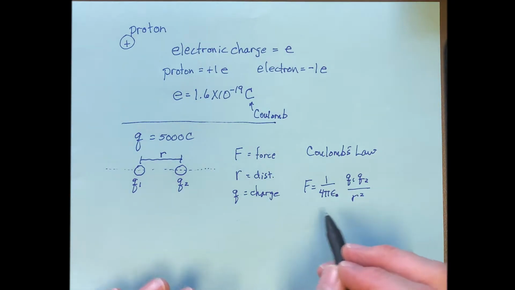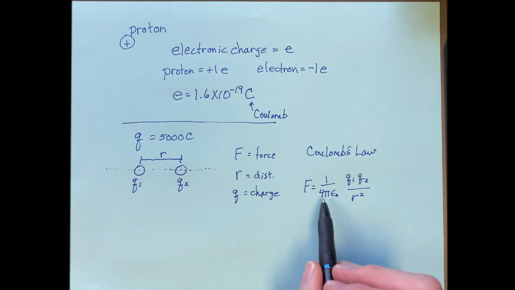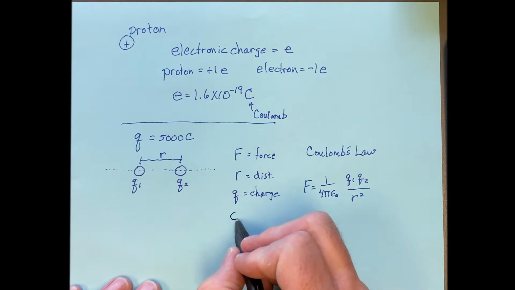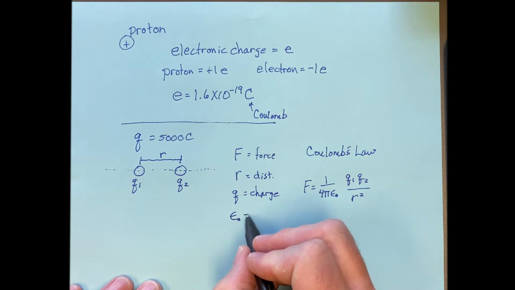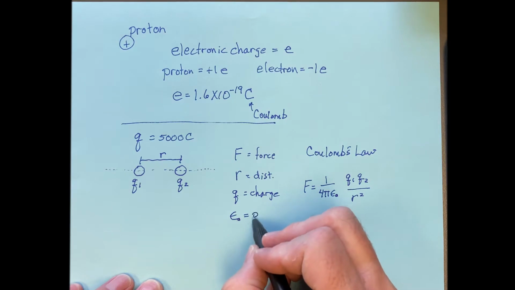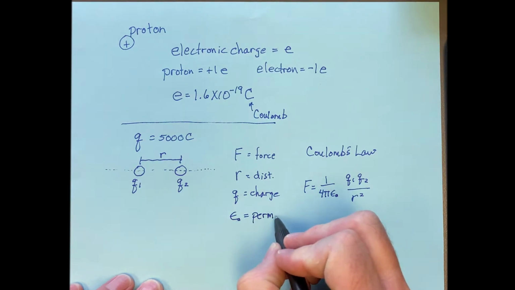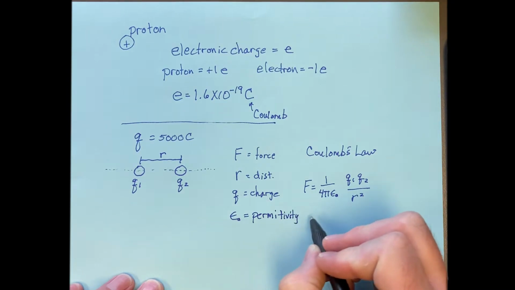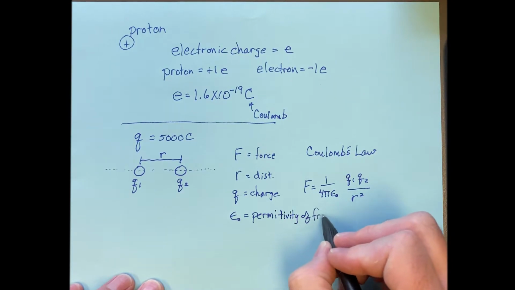Okay, now there's another symbol here that you don't recognize, and that is epsilon naught. Epsilon naught is called the permittivity of free space.